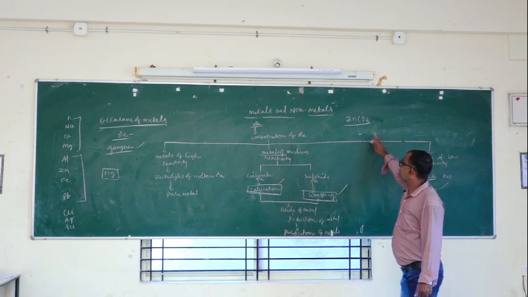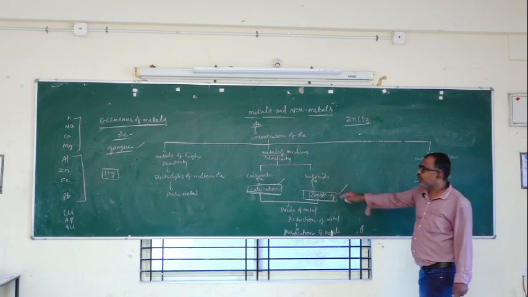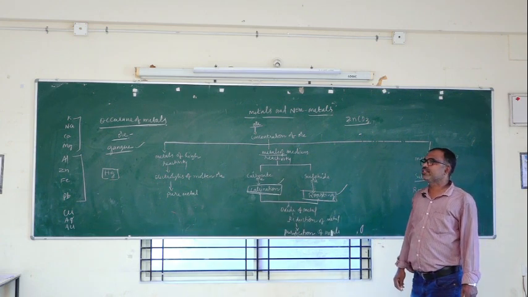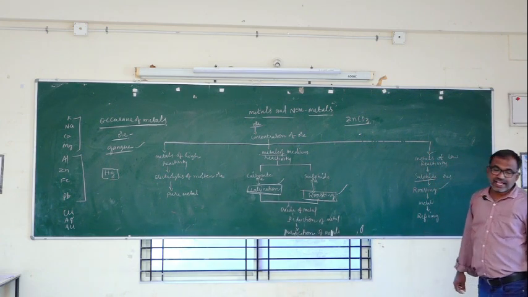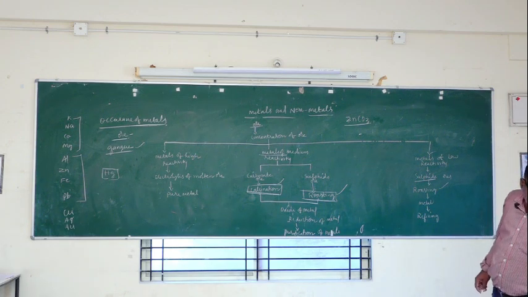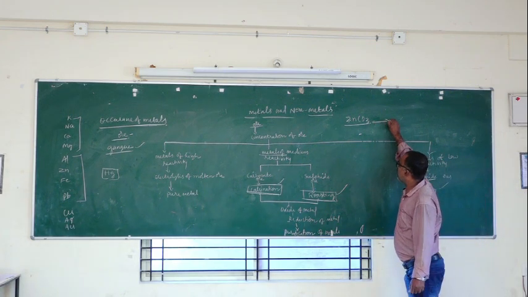Calcination, I told you, is a process in which carbonate ores are heated in the absence of oxygen. This ZnCO3 is going to be heated in the absence of air.